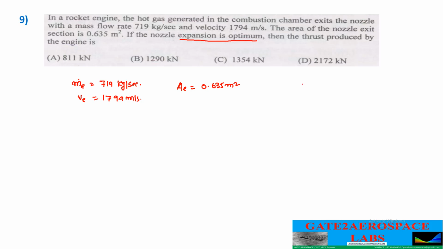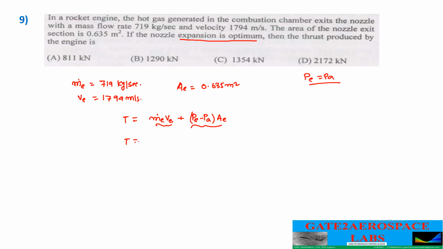What is optimum expansion? That is, you are expanding to the atmospheric pressure. Then the thrust produced. The thrust equation for a rocket engine is given as mass flow at exit times exit velocity of the nozzle, plus (PE minus PA) times area. This is the pressure thrust, and the first term is the momentum thrust.